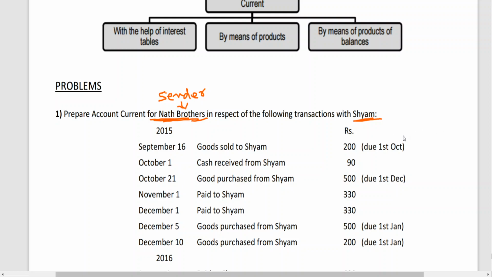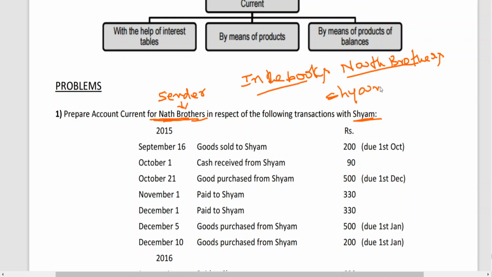In simple words, we are opening, in the books of North Brothers, which account? Sham account.